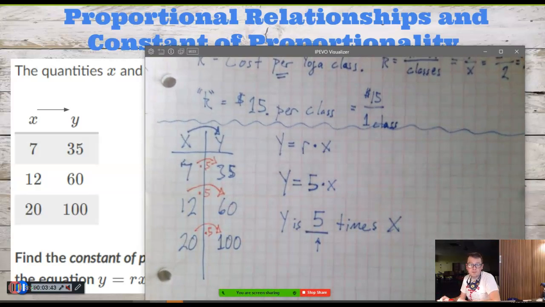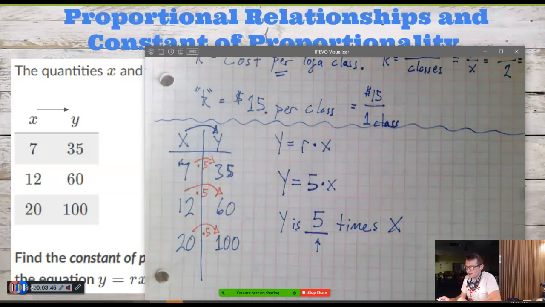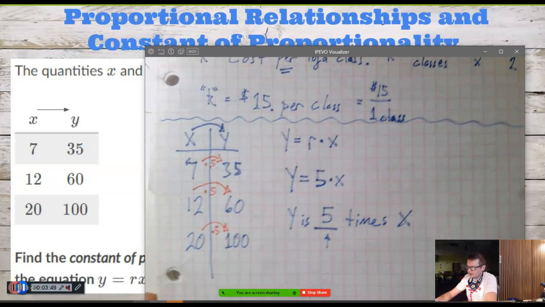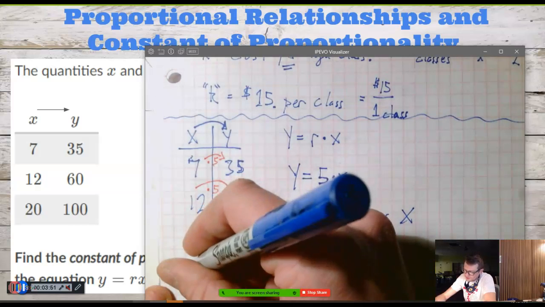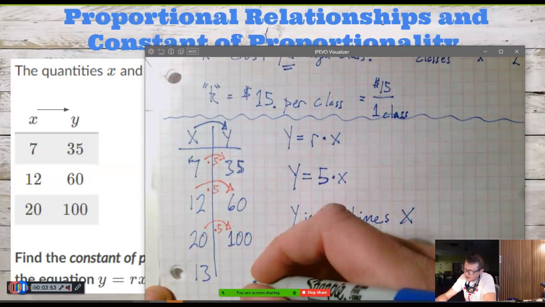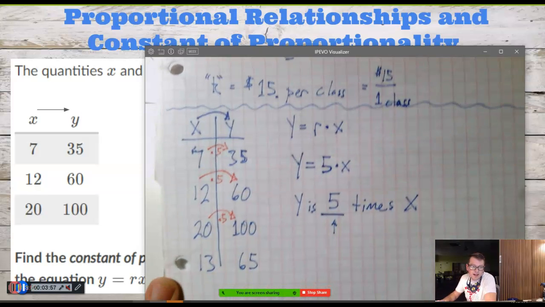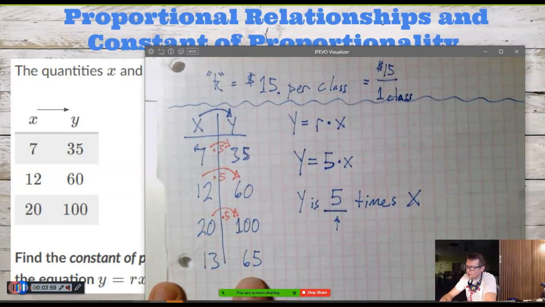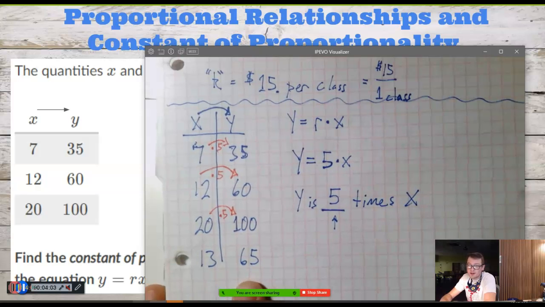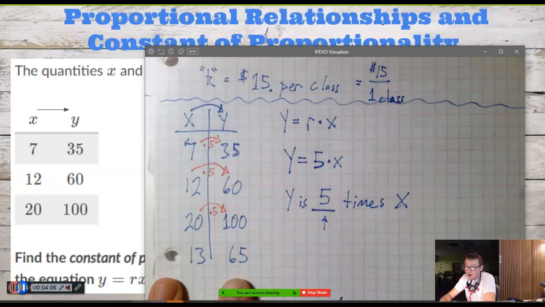Now, I've been helping some people in math lab, and like, what if you had a weird number? Of course we know that our answer here is 5, but what if you had like 13 and 65, and you didn't quite know what multiplication works? The other way that we can find our R, the way that always works. Mia, is that a hand?